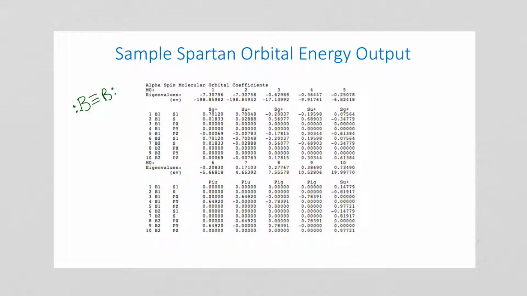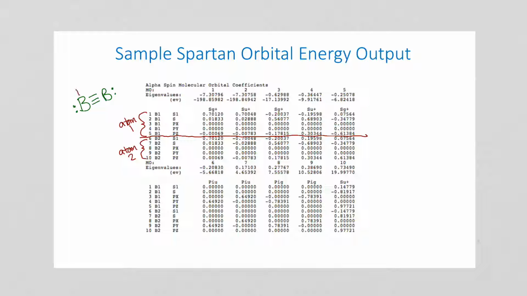If I just divide this down the middle, where the ones become twos, all of these are going to be coming from atom 1, and all of these are atomic orbitals that come from atom 2.